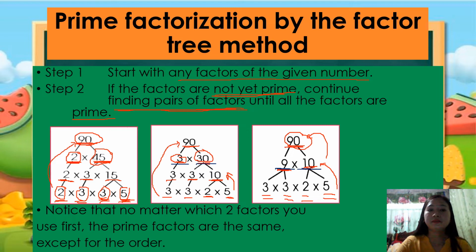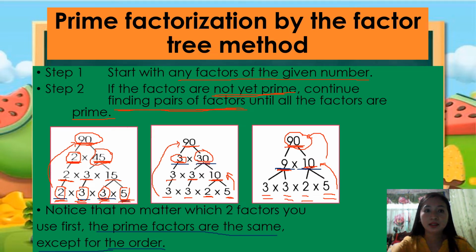But the prime factors are the same except for the order. As you notice, we have here 2 times 3 times 3 times 5.